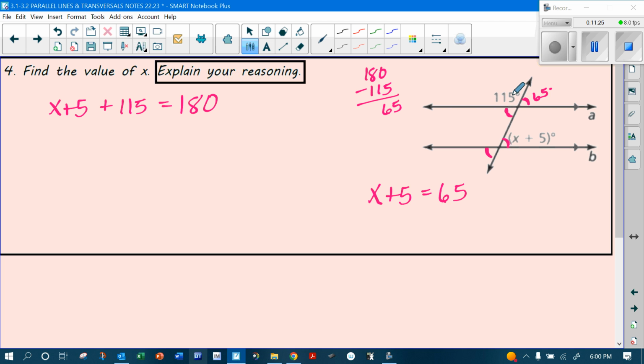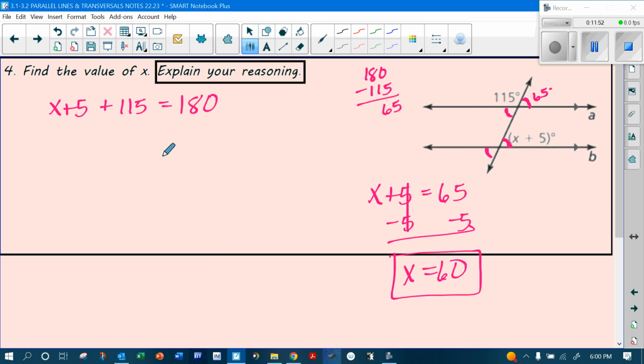If you know that these two have to add up to 180, then you can find this angle. And now you know that these two are going to be the same because they have the same tick mark. Or you could do this angle plus this angle equals 180. I think this way is easier because once I subtract 5, I get that x is 60.